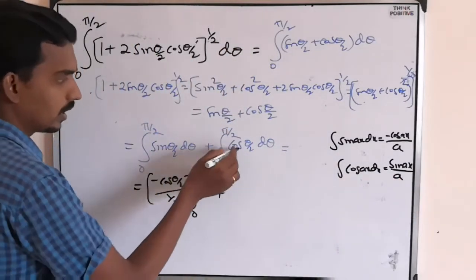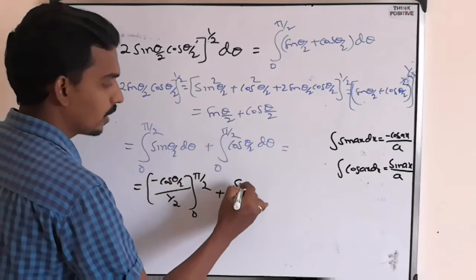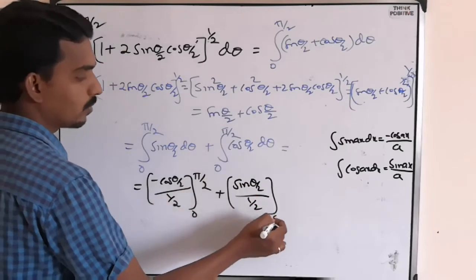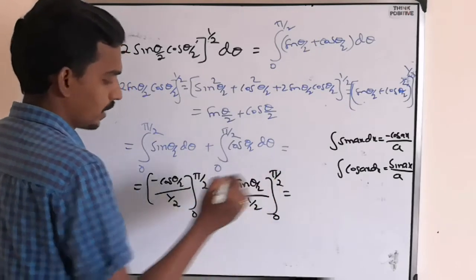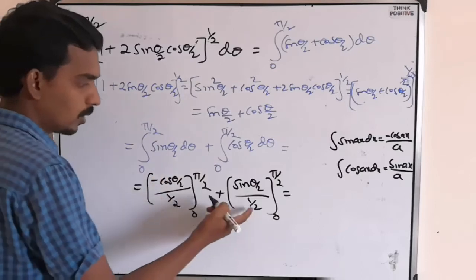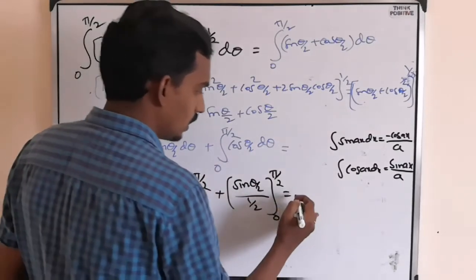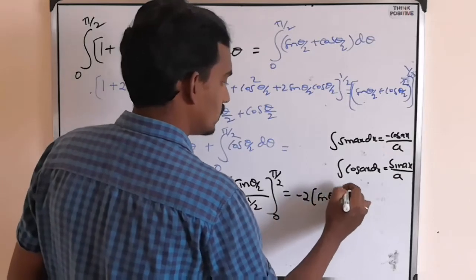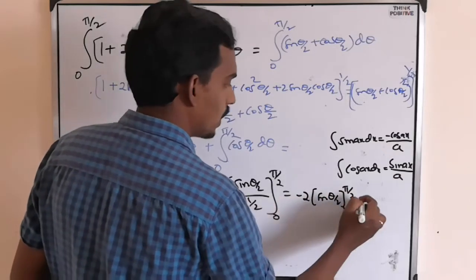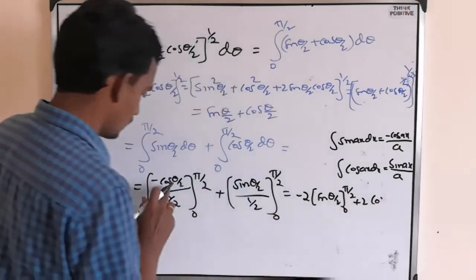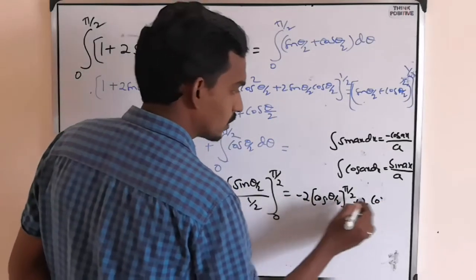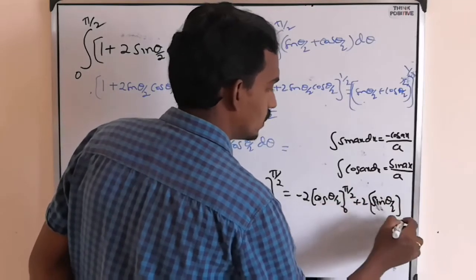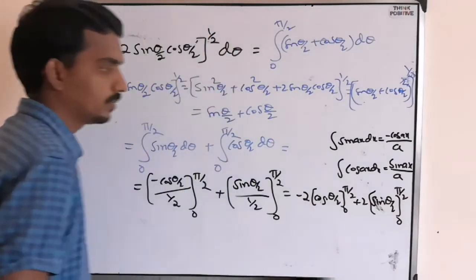So integration of cos(theta/2) is sin(theta/2) by coefficient 1 by 2, 0 to pi/2. So the 2 will go up, the 2 will go up here. So here minus 2 cos(theta/2), 0 to pi/2, here plus 2, oh sorry, this is cos. So here sin(theta/2), 0 to pi/2.